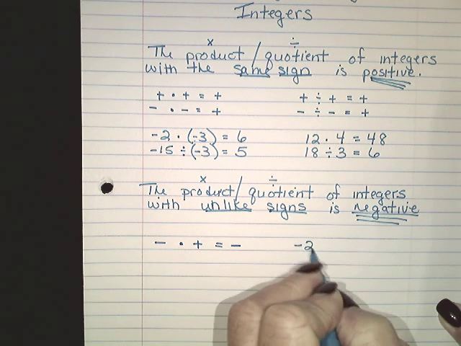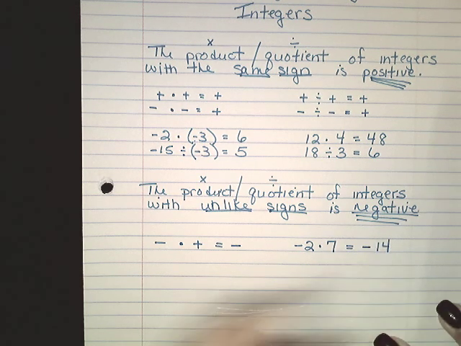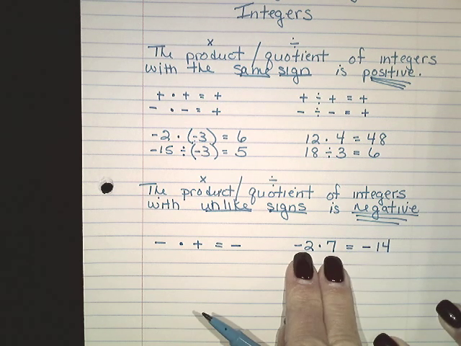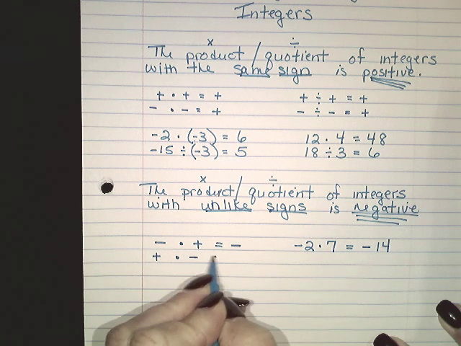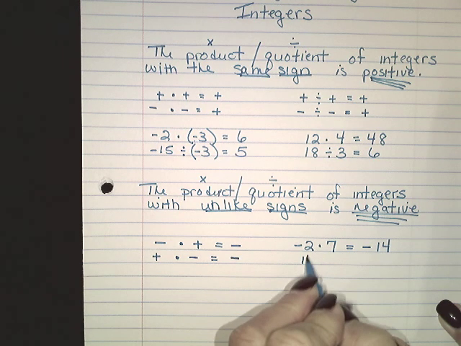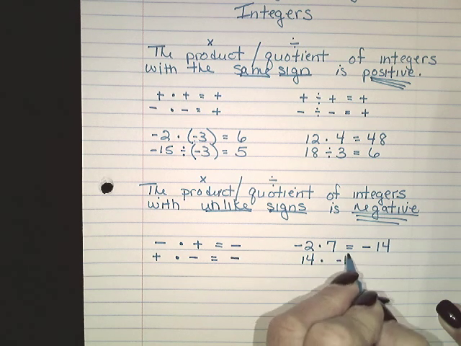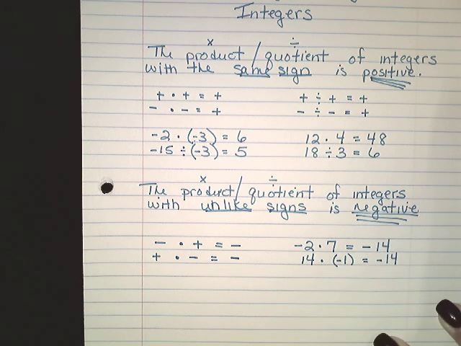So -2 times 7 is going to be -14. Two different signs. A positive times a negative is also going to equal a negative. So 14 is positive times -1 is going to equal -14.